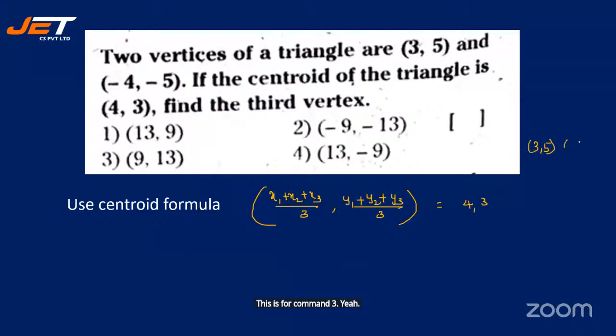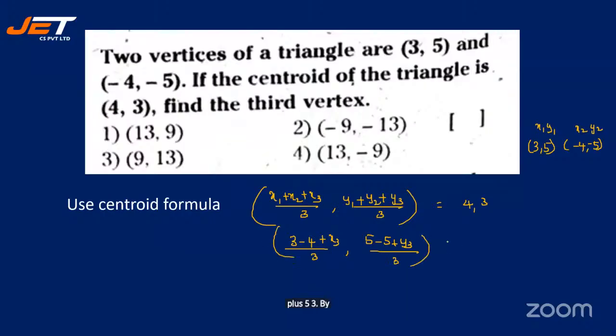So 3, 5 and minus 4, minus 5 are x1, y1 and x2, y2. So x1 is 3, x2 is minus 4. Then x1 plus x2 plus x3 by 3, comma, y1 plus y2 plus y3 by 3 is equal to 4, 3.